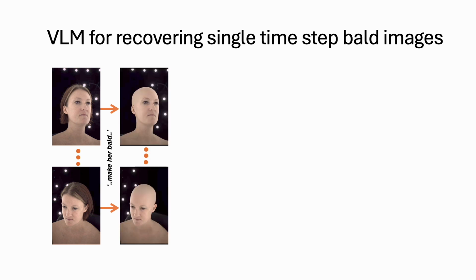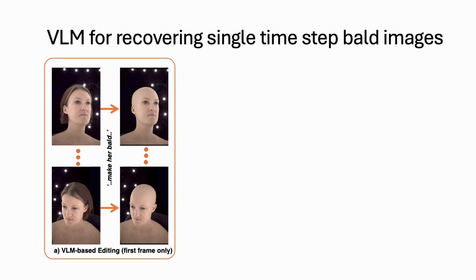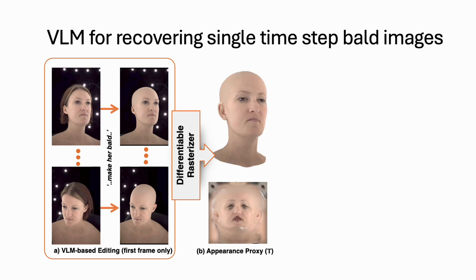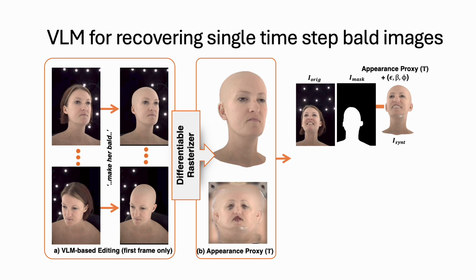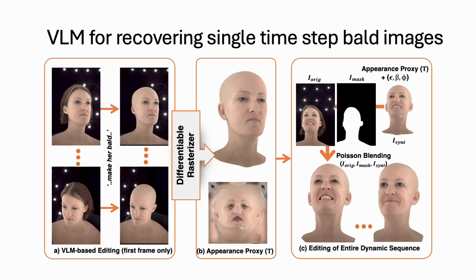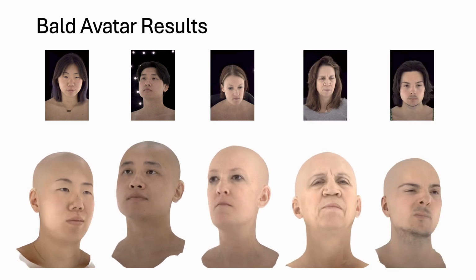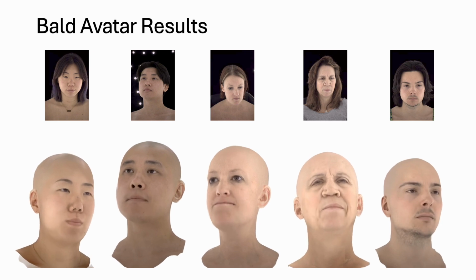This texture, together with the tracked FLAME mesh, is used to remove the hair in all other training frames by merging synthetic FLAME views with the original images using Poisson editing. After obtaining the bald head images, we rig Gaussians to the FLAME model and optimize for head appearance. This produces a complete animatable head avatar.